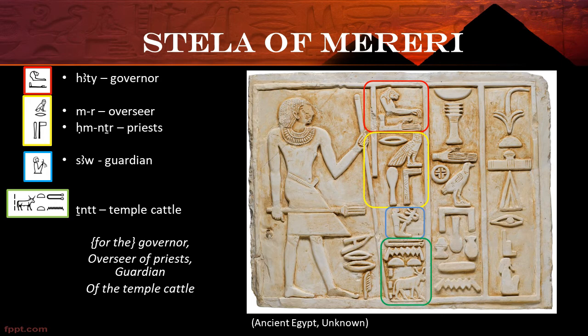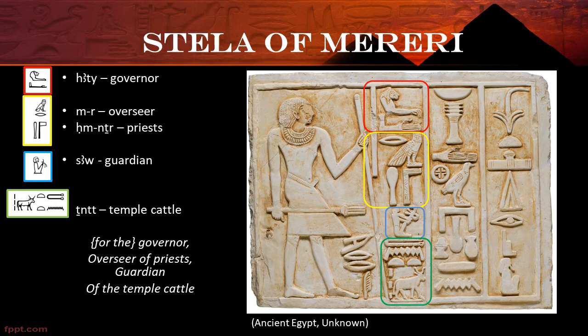The next one down is a little weird because we're going to break the rules again. If I were to read that right to left, the bent stick looking one is actually the word netjer. The one next to it is hem. However, that's not how it's pronounced. We will not say netjer hem, we're going to say hem netjer.